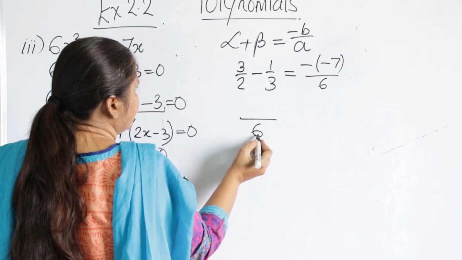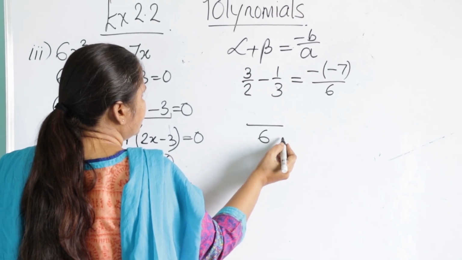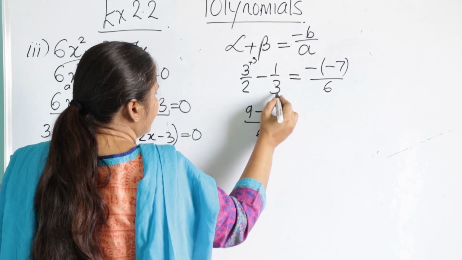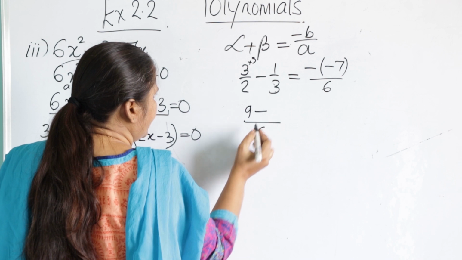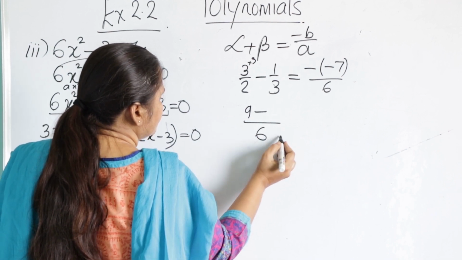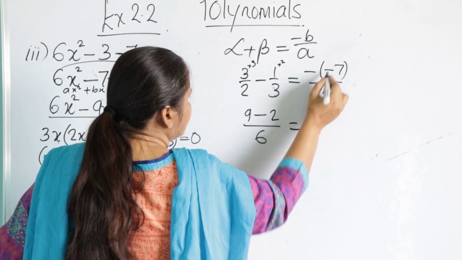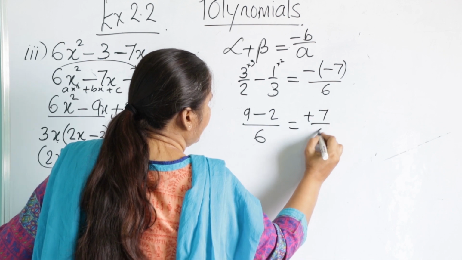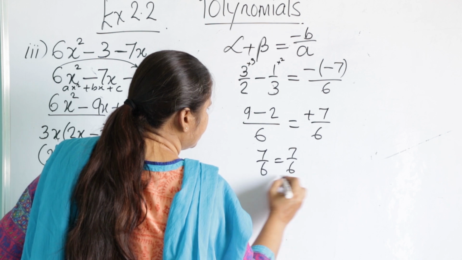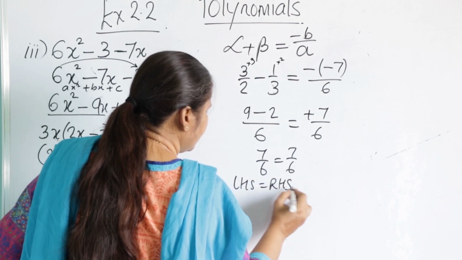So when you divide the LCM by the first denominator, you will get 2 3s are 6, 3 3s are 9. When you divide the LCM by the second denominator, which is 3, you will get 3 2s are 6. So minus of minus, plus 7 by 6. This is 7 by 6, 7 by 6. LHS is equal to RHS.